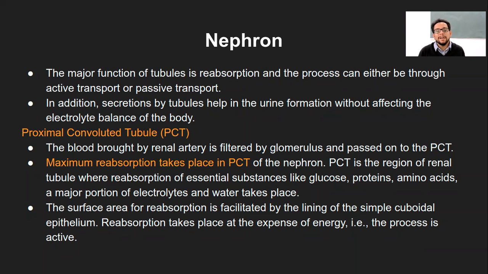Why? Because it is against the concentration gradient, that is, from low concentration to high concentration. Blood at any given time point will always have a very high concentration, right? Because of that, these molecules have to get reabsorbed into the blood, and that has to be an active process. So that is the reabsorption in the PCT.